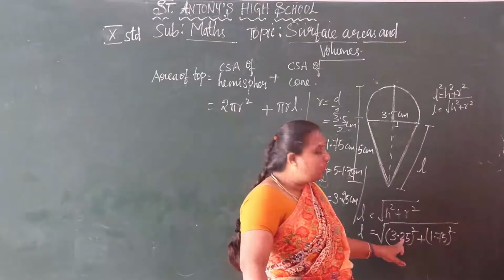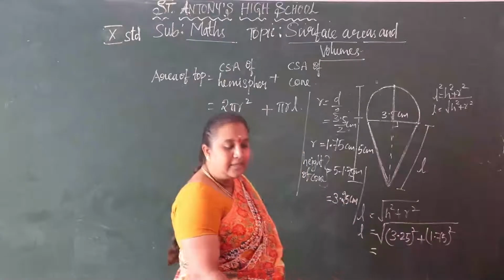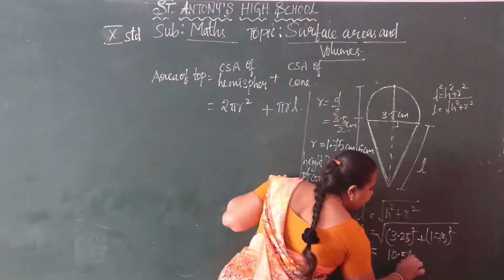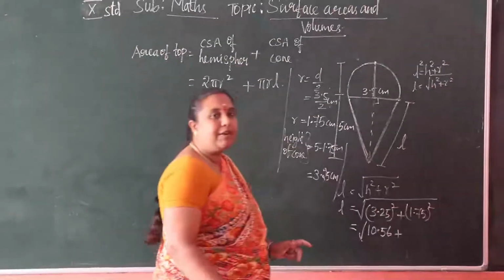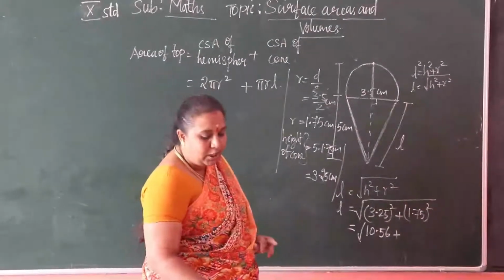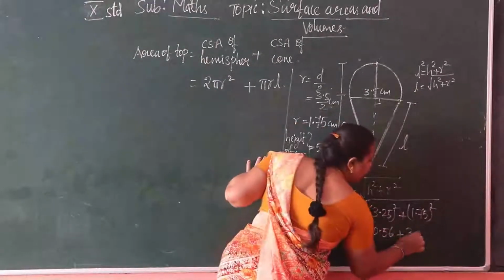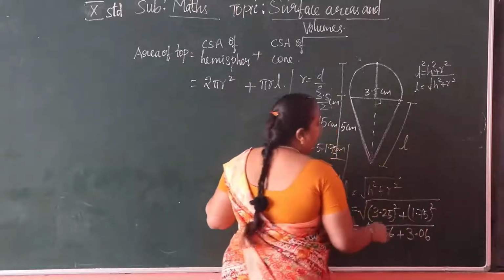Multiply 3.25 into 3.25. The answer is 10.56. Plus 1.75 into 1.75, you have 3.06. Then you have to add these two.